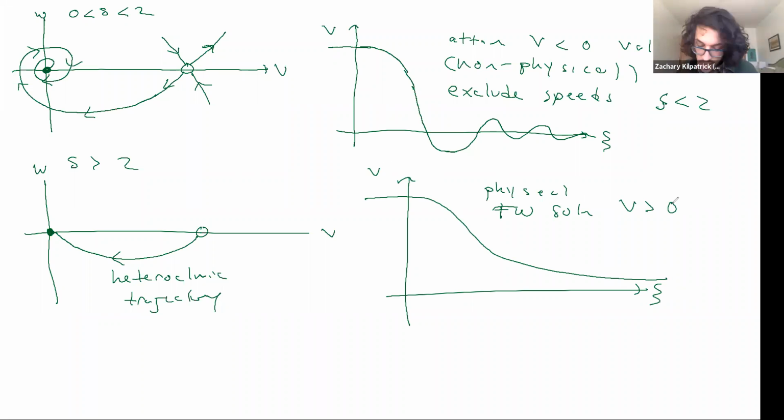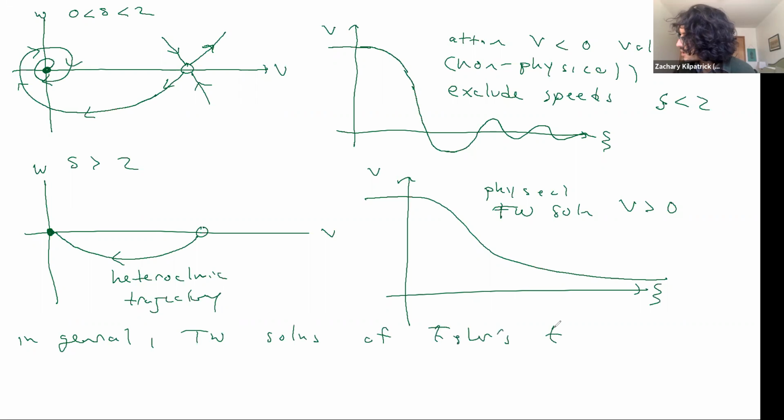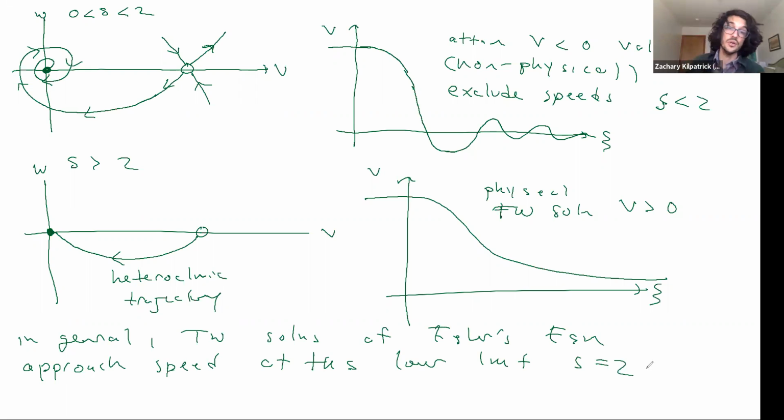Okay, and in general, traveling wave solutions of Fisher's equation approach speed at this lower limit, s is equal to 2.